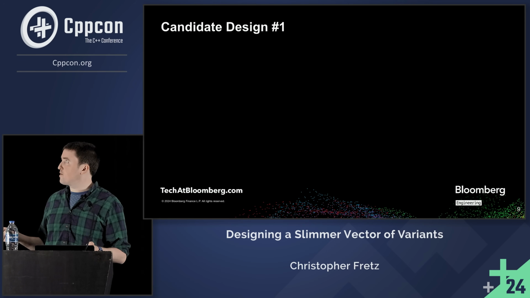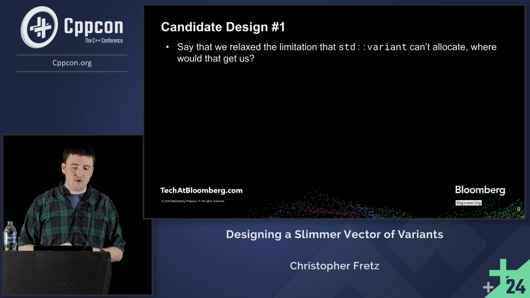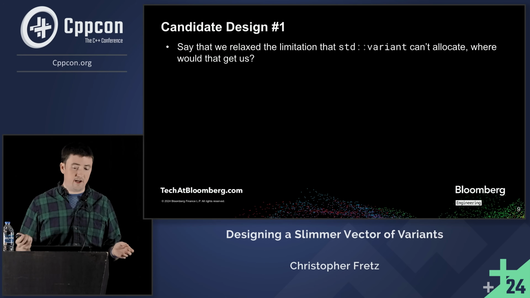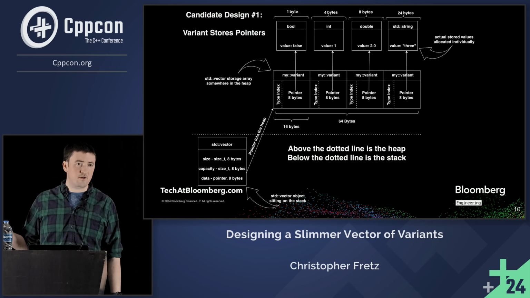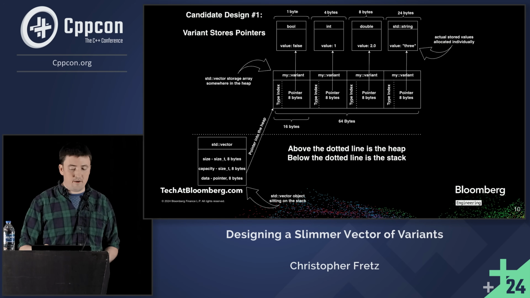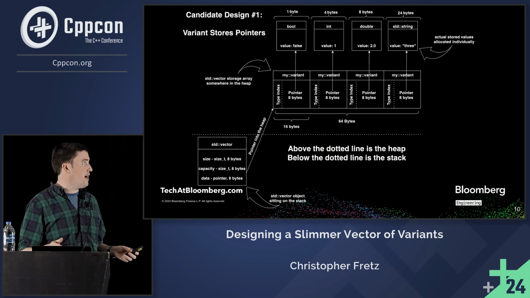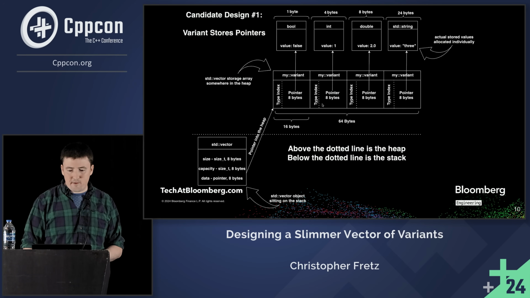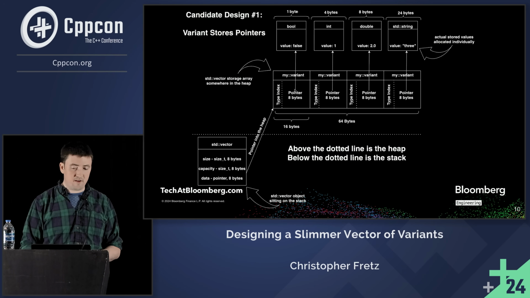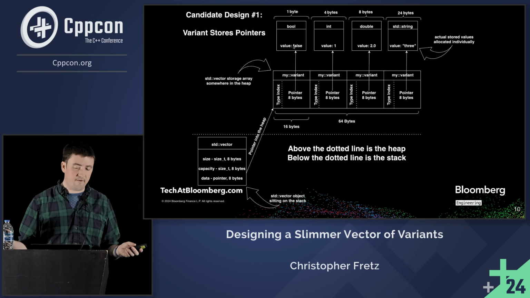So starting off with our first candidate design. Say that we relax the limitation that standard variant can't allocate. Where would that actually get us? That might get us to a design that looks a bit more like this. Again, below the dotted line is the stack, above is the heap. Nothing's changed about the vector, but up top you can see that now every single variant instance holds a type index and a pointer to somewhere else off in the heap.